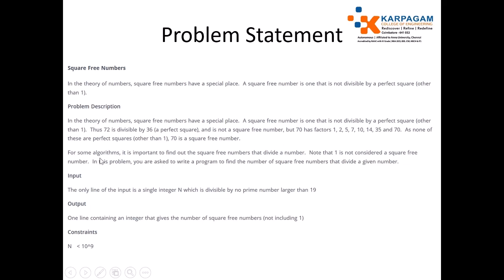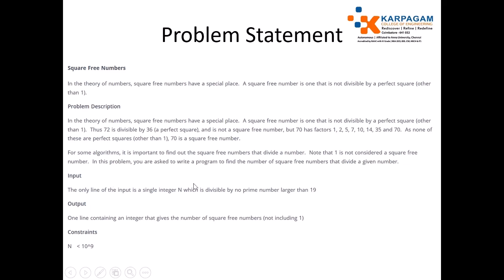For some algorithms, it is important to find the square free numbers that divide a number. Note that 1 is not considered to be a square free number. In this problem, you are asked to write a program to find the number of square free numbers that divide a given number.